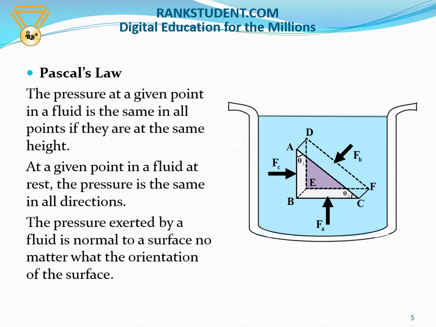Pascal's law. The pressure at a given point in a fluid is the same at all points if they are at the same height. At a given point in a fluid at rest, the pressure is the same in all directions. The pressure exerted by a fluid is normal to the surface no matter what the orientation of the surface is.